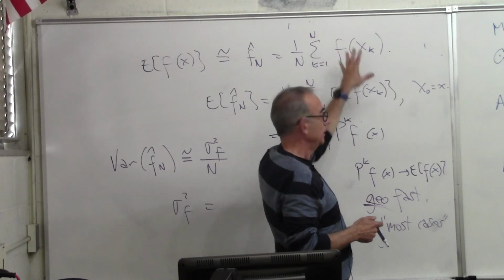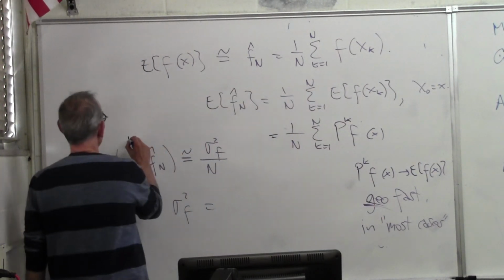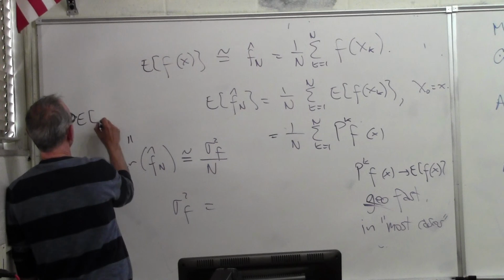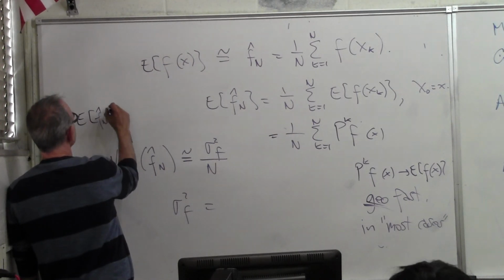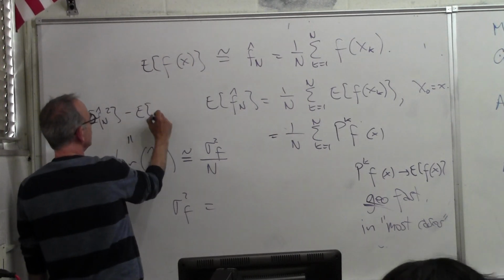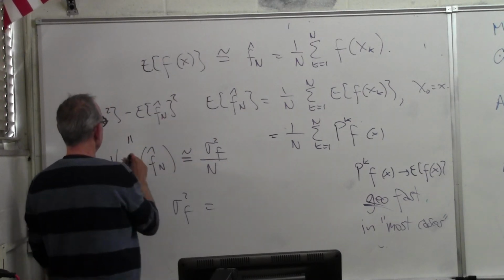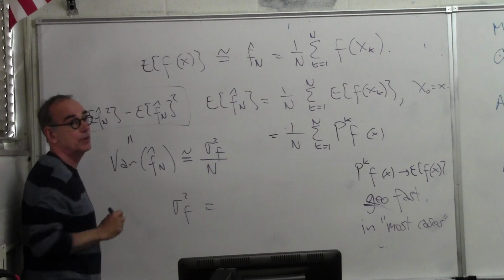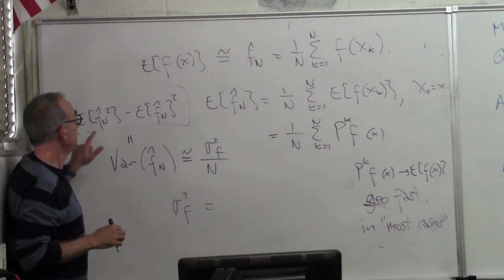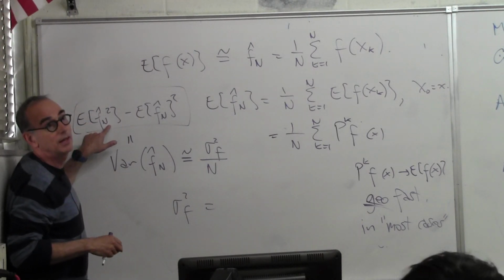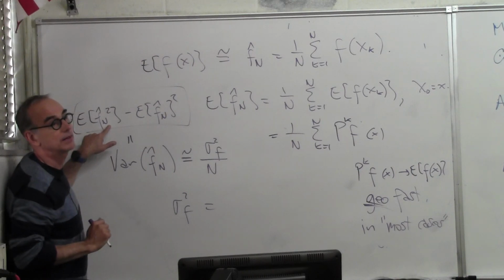Remember what the variance is: by definition, the expectation of f hat n squared minus the expectation squared. So we're taking the whole monster sum and squaring that.